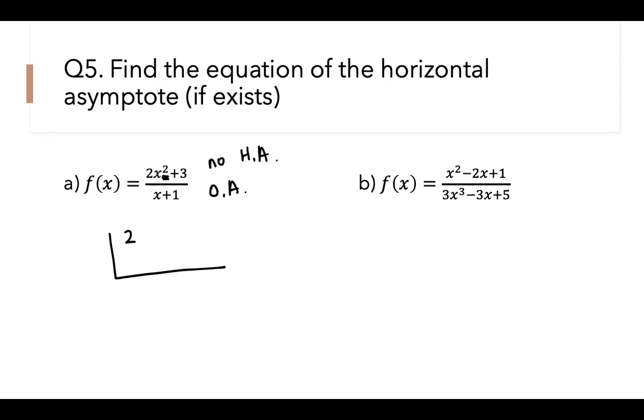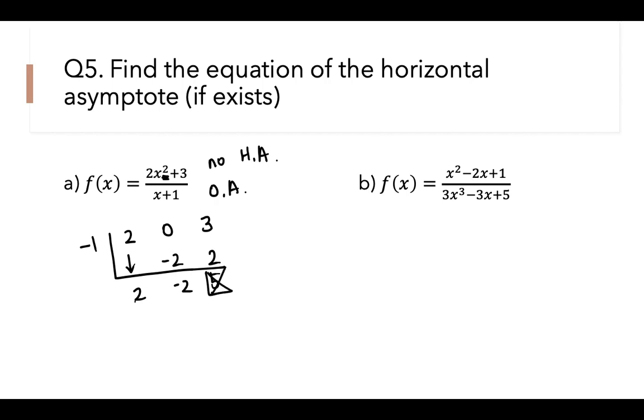So 2x squared, and then 0 for the degree of 1, and then 3. So I'm filling it in. And the divisor is going to be negative 1. So let's divide. 2 comes down, negative 2, you add, negative 2, 2, 5. So that is my remainder, which we don't look at.